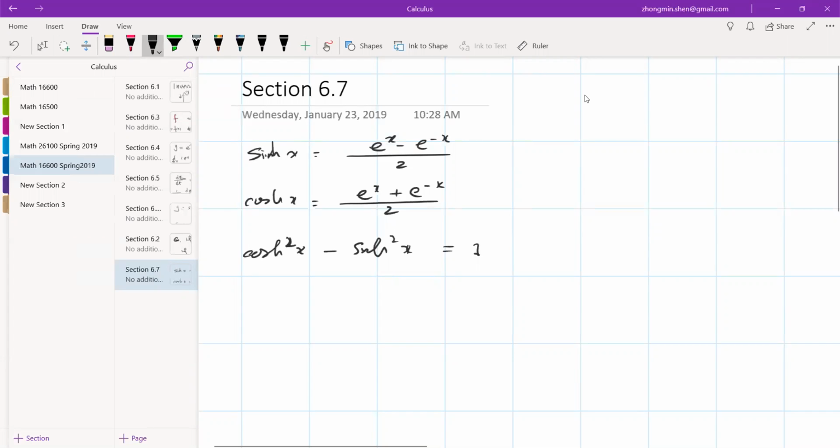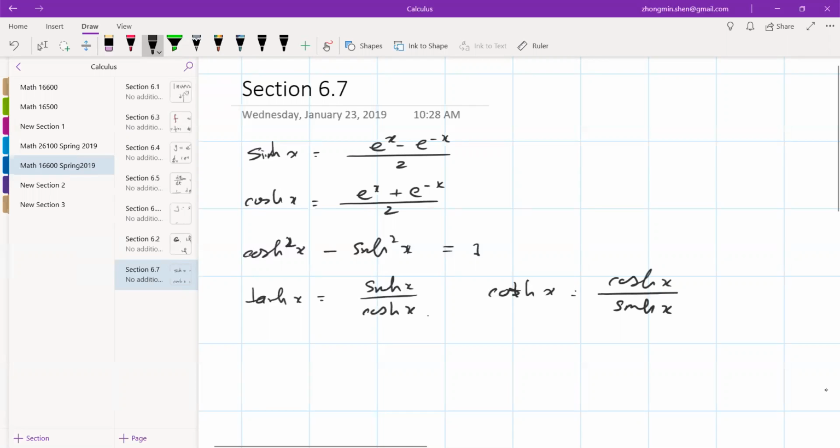Okay, so we also consider the hyperbolic tangent x. Hyperbolic tangent x is a quotient of those, and then the hyperbolic cotangent x, which is going to be hyperbolic cosine x over hyperbolic sine x.